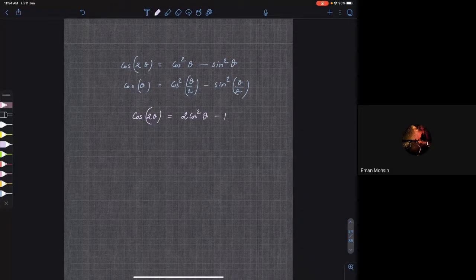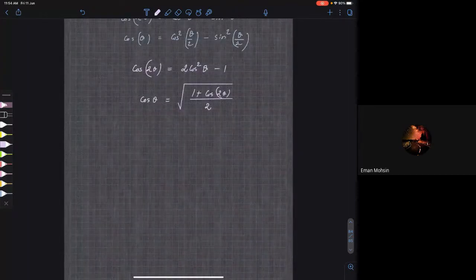Cos theta, if we rearrange, is equal to root of 1 plus cos 2 theta by 2. Correct?